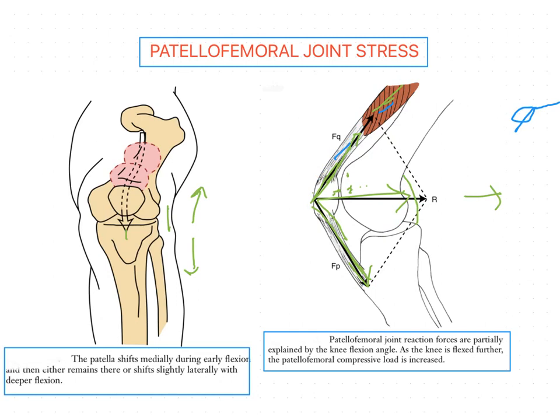With a larger moment arm, less quadriceps muscle force is needed to produce the same torque, minimizing patellofemoral joint compression. As flexion proceeds, the moment arm diminishes, which necessitates an increase in force production by the quadriceps.